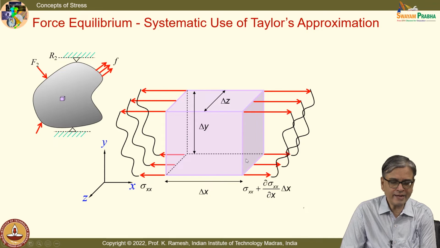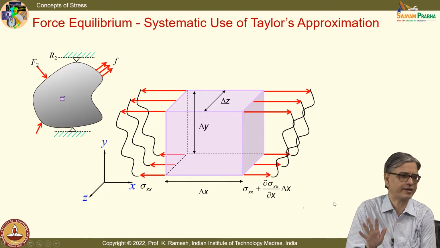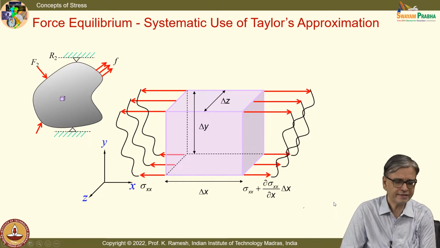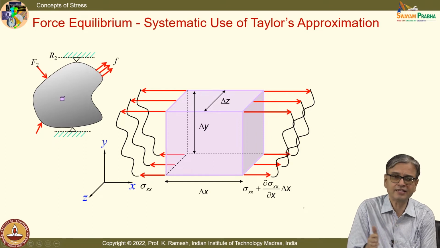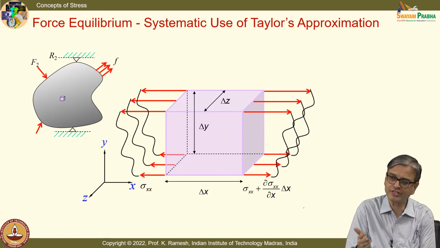Now I move by a distance delta y. See, what I am saying is we will consider that this remains constant over the distance delta z to illustrate the point. Fine. What way would I write on this? It has moved by a distance delta y, and we find that these are all functions of x, y, and z.